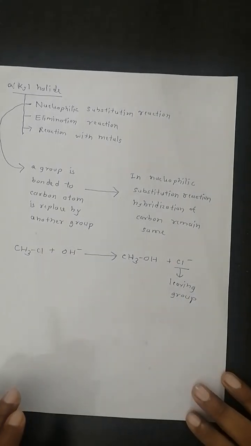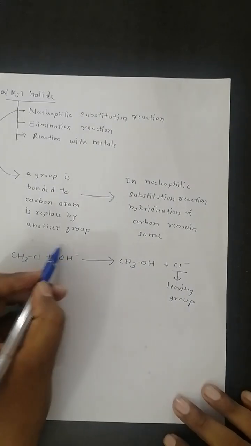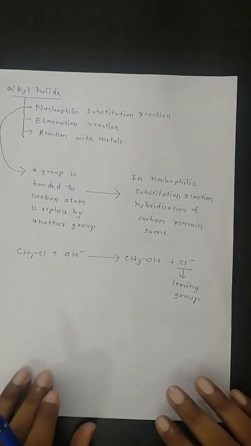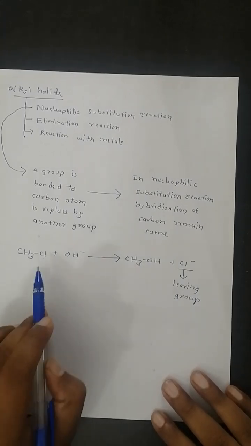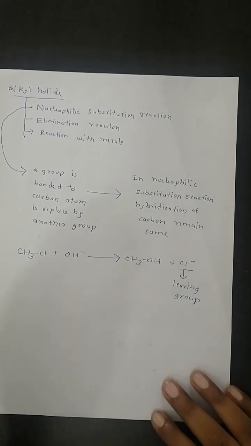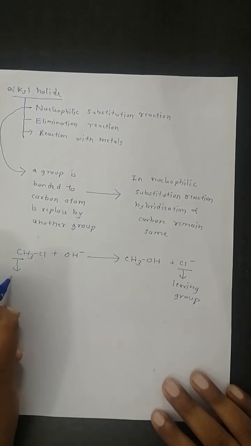And one thing you should know is that this OH minus is a very good nucleophile. When the halogen comes out, it pulls the electron pair towards itself, due to which this carbon becomes electron deficient.